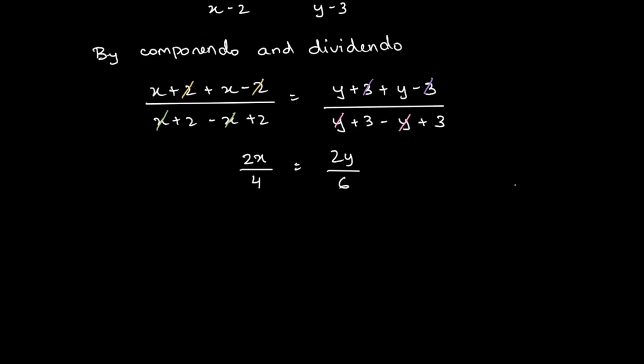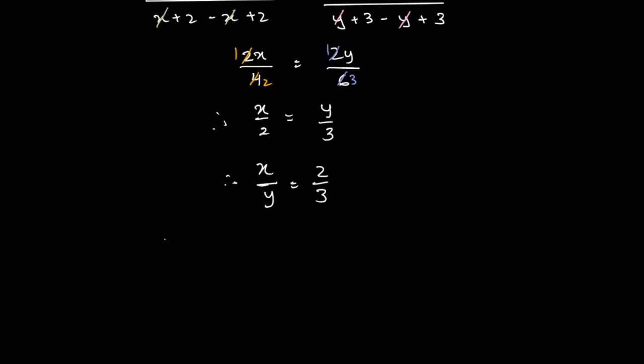Okay, so to simplify this further, 2 1s are 2, 2 2s are 4, so I have x upon 2 over here, and on the other side of the equation, 2 1s are 2, 2 3s are 6, so I have y upon 3. So x upon 2 is equal to y upon 3. Cross multiply this, I have x upon y is equal to 2 upon 3, and that's what they'd asked us to find. So my final answer, therefore, the ratio of x to y is equal to 2:3. This is my final answer.